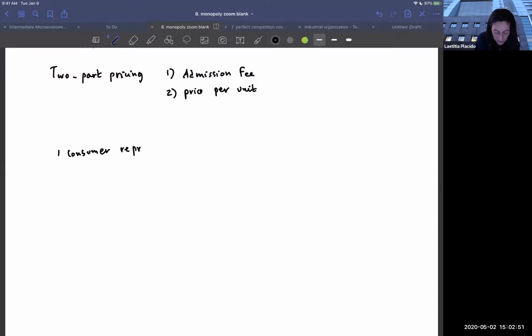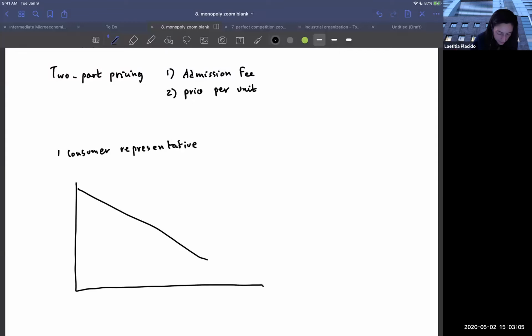We say it's representative, so all the population will consist of the same kind of consumer. And he has the following demand curve. I call it little d to remember that this is the demand for one consumer only and not the market demand. And I'm going to put little mr here for the same reason.